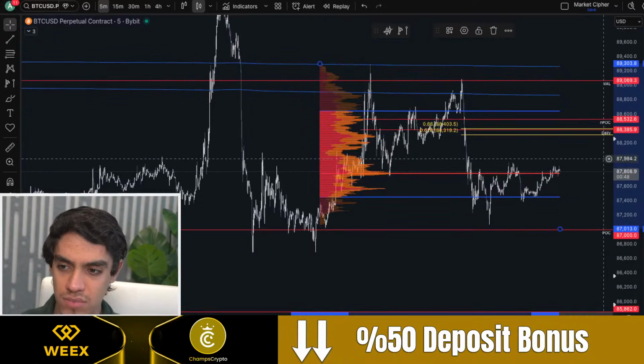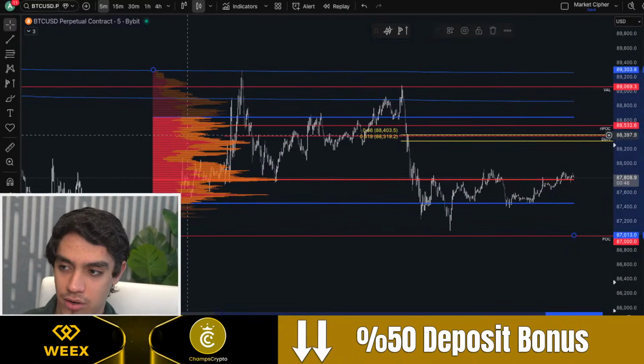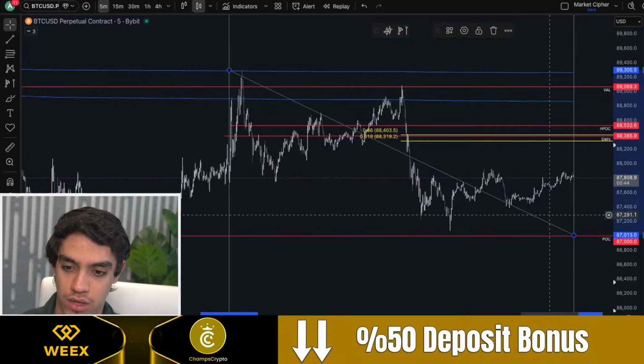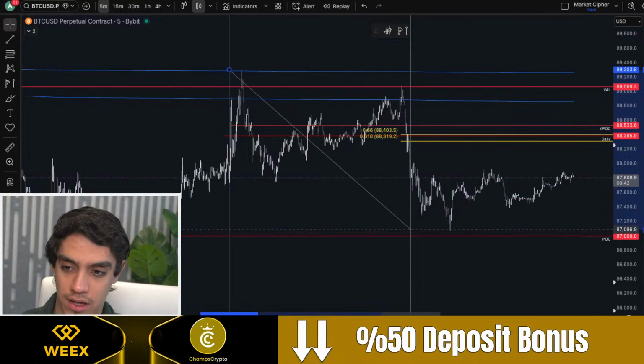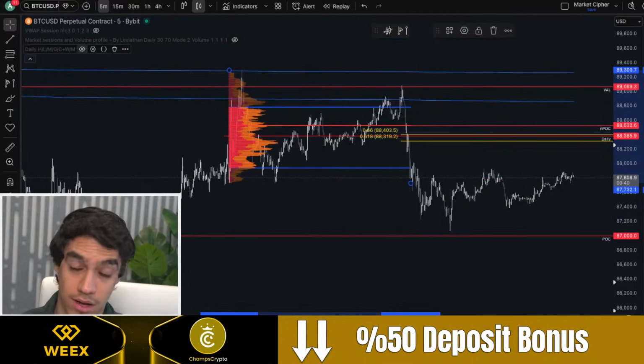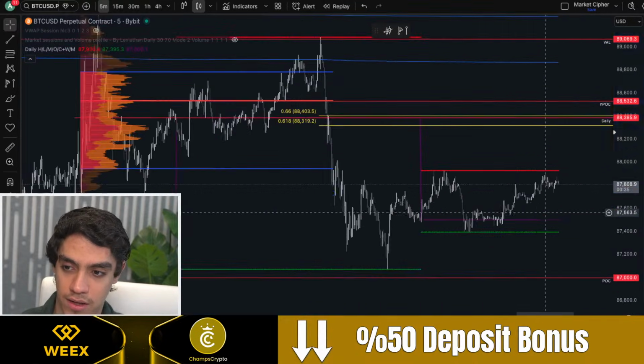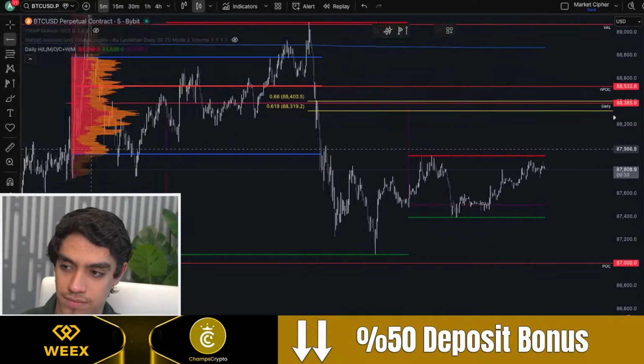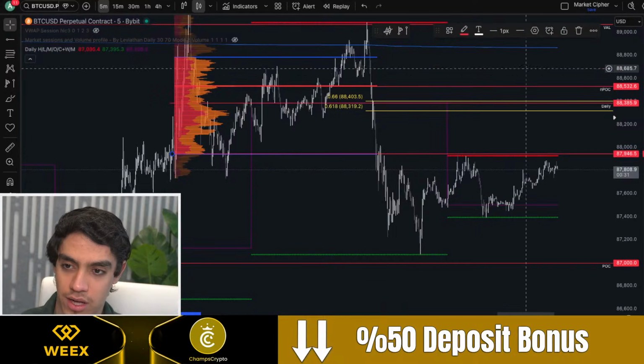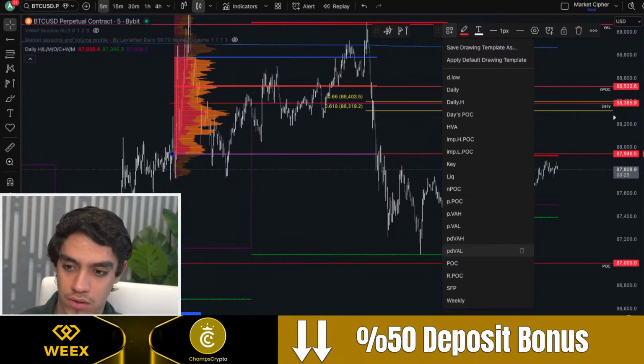So I digress. Let me look on the lower time frame, see what we got here. It is Thursday now, today, I guess. So we got the high and the low of the day. I don't want to overtrade it, but we can use this to look for a trade.